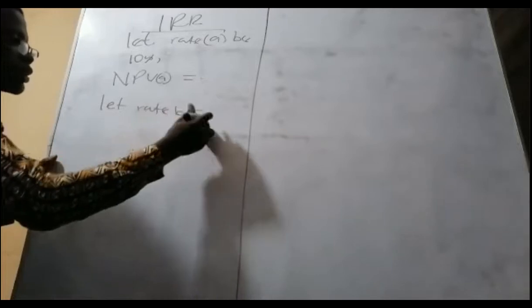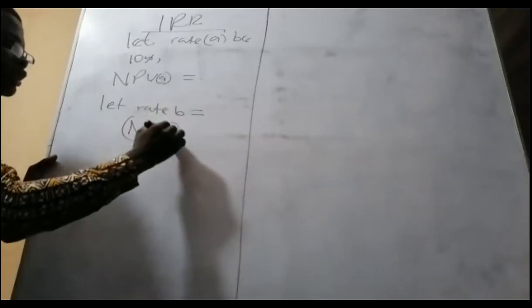Then let rate B be equal to, that one we don't know, so we can't say anything for now. NPV B will be, that one we don't know for now, until we have the result of the discount factor A or the NPV A. So this is what we want.